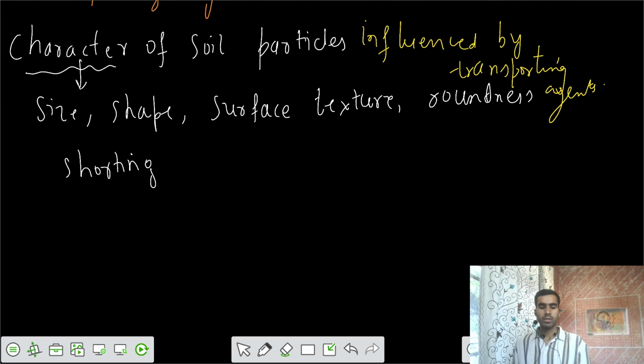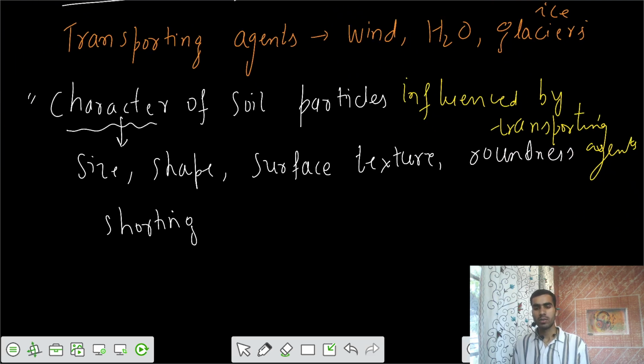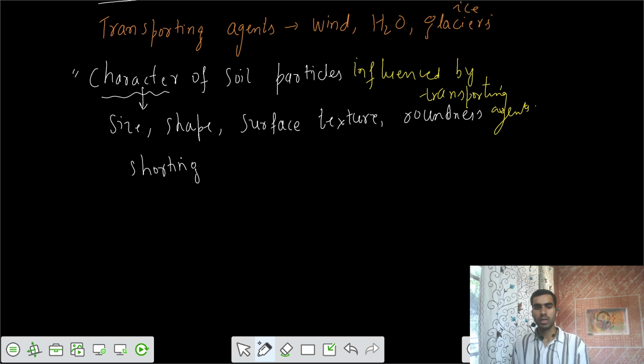Now based on the transporting agent, we can name the soils accordingly. If I take the first one, that's river transported soils. If there is water in the rivers and the soil is formed because of that, we can say that's river transported soils.